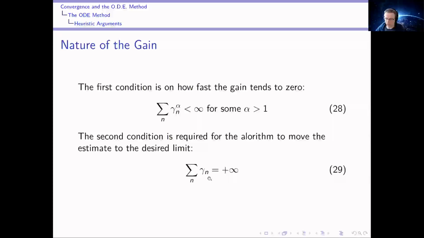So in other words, these conditions are basically saying that we're paying less and less attention to the noisy observations, and thereby rejecting them. In contrast, if we wanted to track parameters of a slowly varying system, then we wouldn't want the gain to go all the way to zero. The requirement here would be for some empirically selected small constant gain.